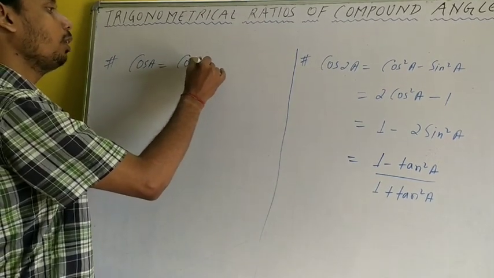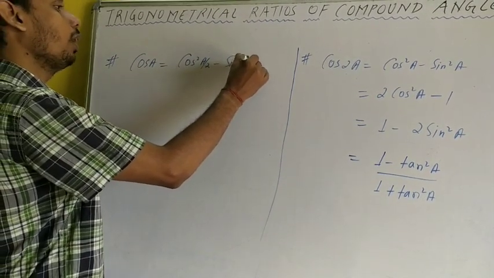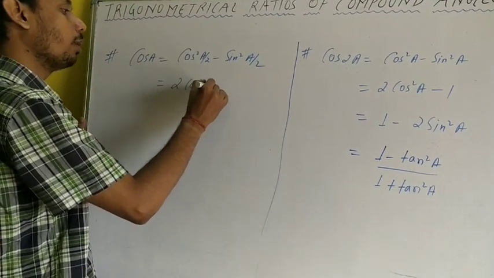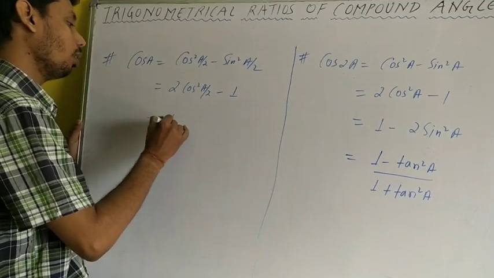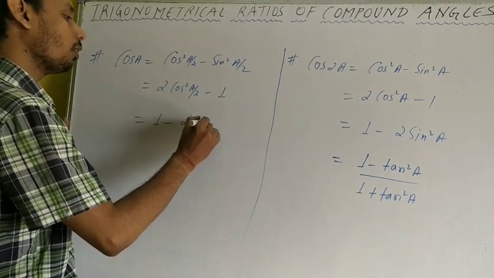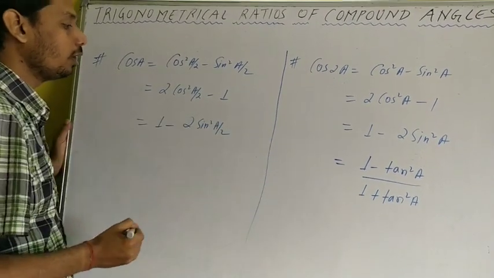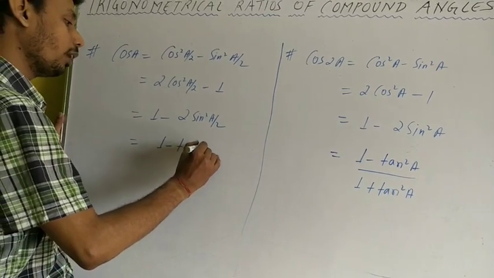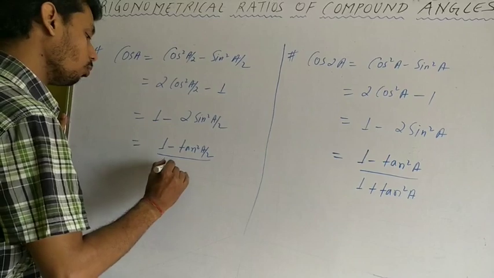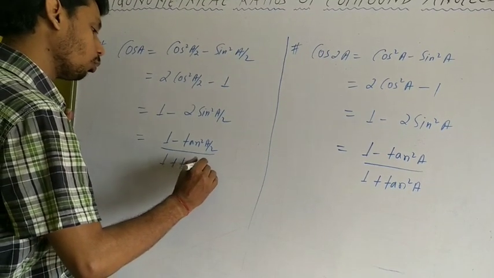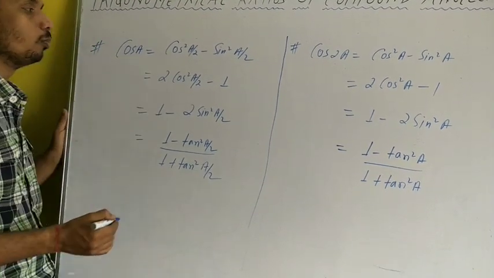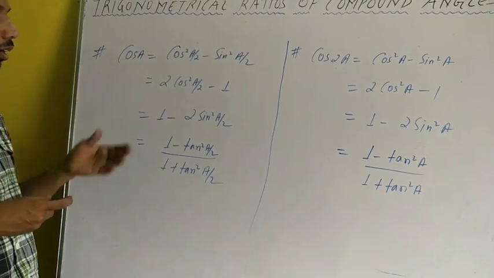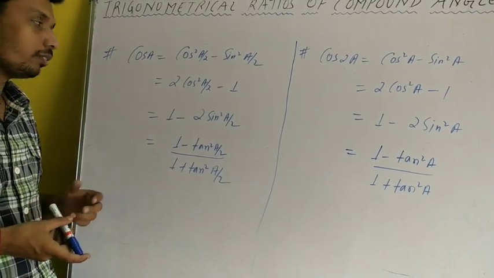Cos square a by 2 minus sine square a by 2, or twice of cos square a by 2 minus 1, or 1 minus twice of sine square a by 2. In terms of tan, 1 minus tan square a by 2 upon 1 plus tan square a by 2. So this is how we express cos a in different ways.